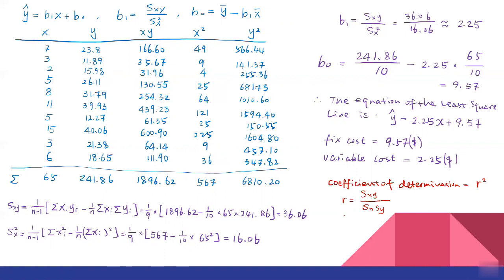Because here we already have SXY and SX, all we need to do is to calculate the SY. SY squared is 1 over n minus 1 times the sum of squared y values minus 1 over n times the sum of all y's, squared.